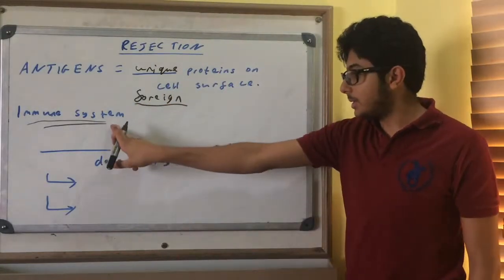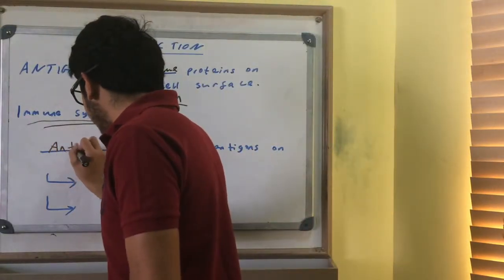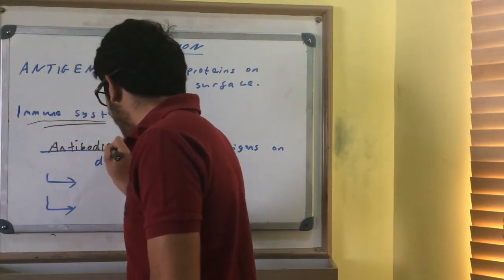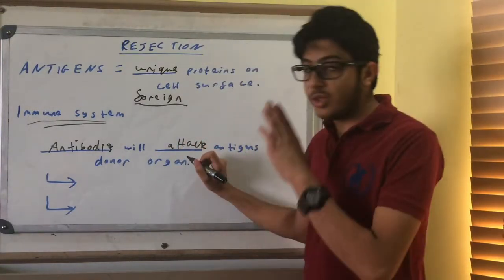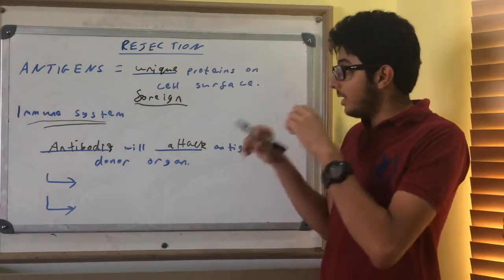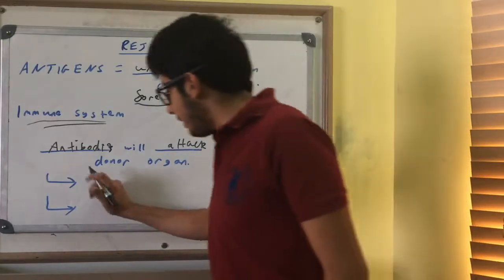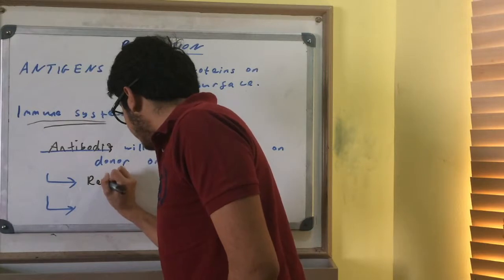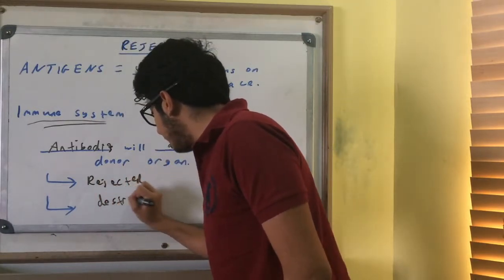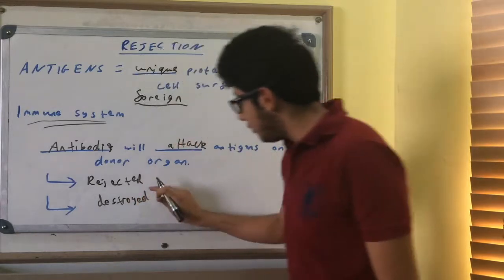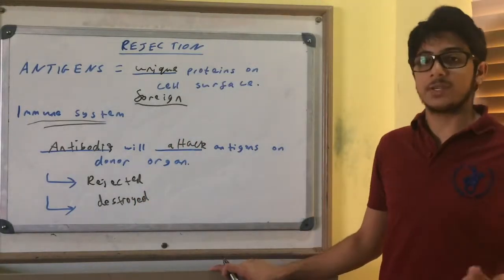And so there is a risk that the antibodies will attack the antigens on the donor organ because they are foreign, they are not of your body. So there is a risk. Therefore, it will be rejected and it will be destroyed. And so, if you do not fix the rejection problem, a kidney transplant is useless.